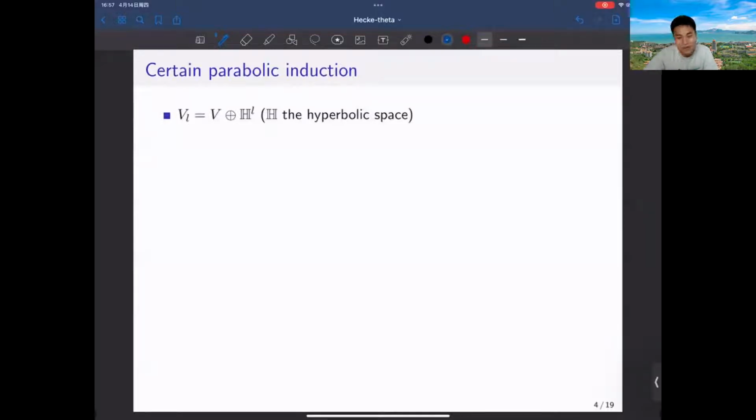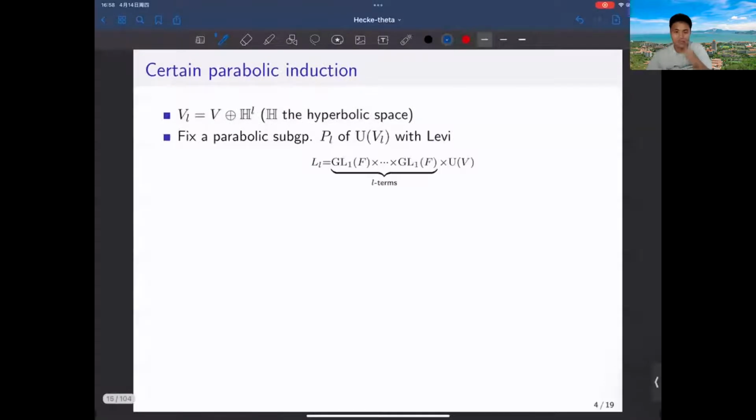So suppose we have epsilon Hermitian space, and we will use VL to denote the Hermitian space with L copies of the hyperbolic space. And we will fix a parabolic subgroup of the UVL such that its Levi has a form that it's just L products of GL1.